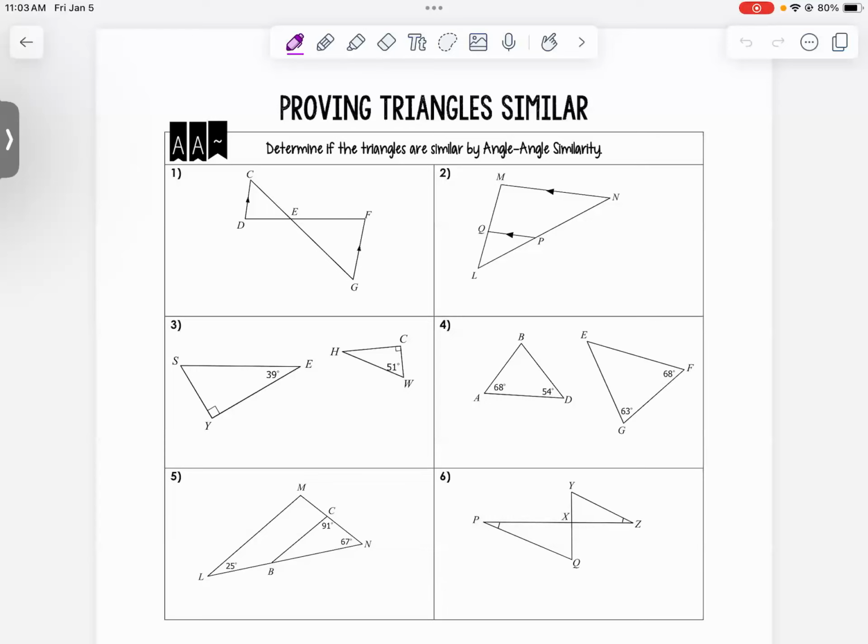B and E are the same, because D and E are the same. 4 is yes, because you can fill them in. 5 is no.